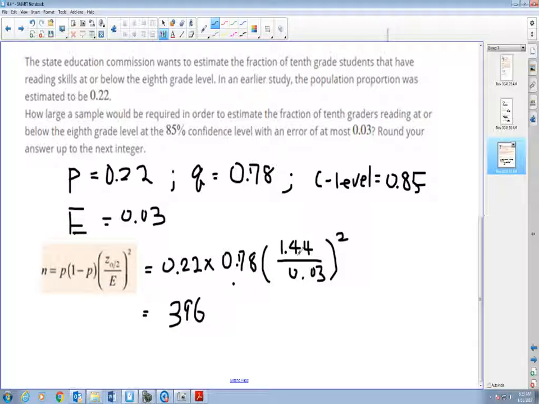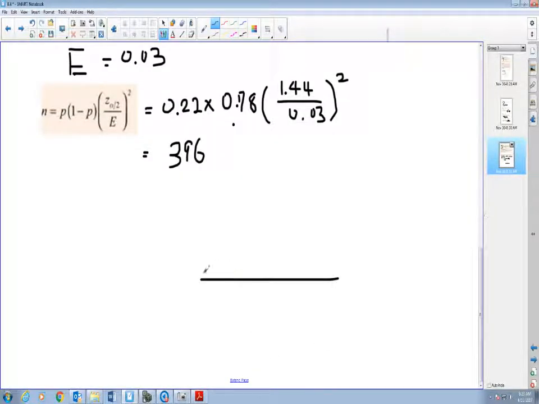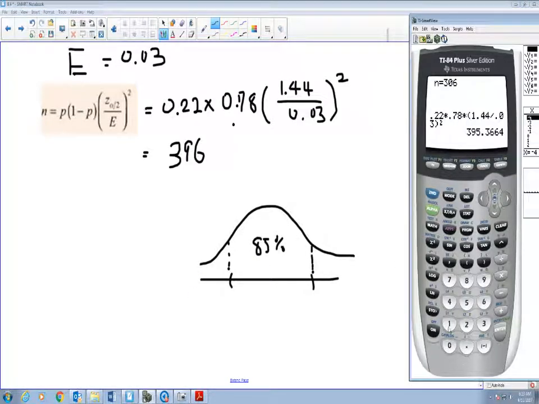Again, the 1.44 is Z sub alpha over 2. As you can recall, if I want to construct an 85% confidence level, that means the area in between the confidence interval is going to be 0.85. That leaves me with the two tails, 1 minus 0.85, 0.15 for both tails together, divided by 2.